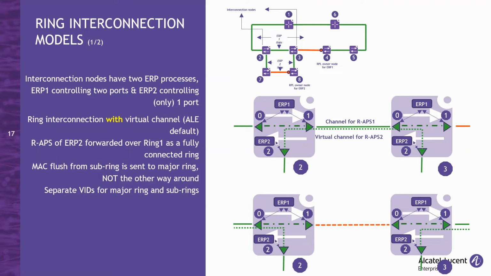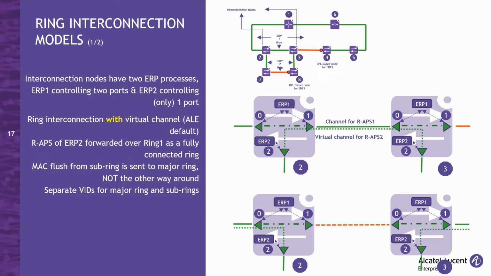The path of ring 1 through which ERP2 control channels are passing by is determined fully by ERP control process, so control channel of ERP2 is treated as a regular data. If the link between nodes 2 and 3 is forwarding, for control and traffic channels of ring 1, then ring 2 control channel will follow the same path.